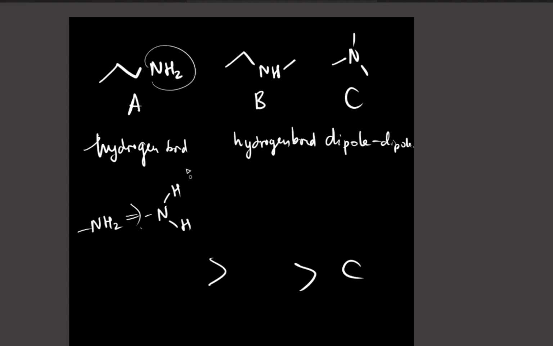So they have 2 nitrogen-hydrogen bonds, while this one only has 1. So the hydrogen bonding between the molecules of A is going to be larger than B. So A is going to have the higher boiling point.